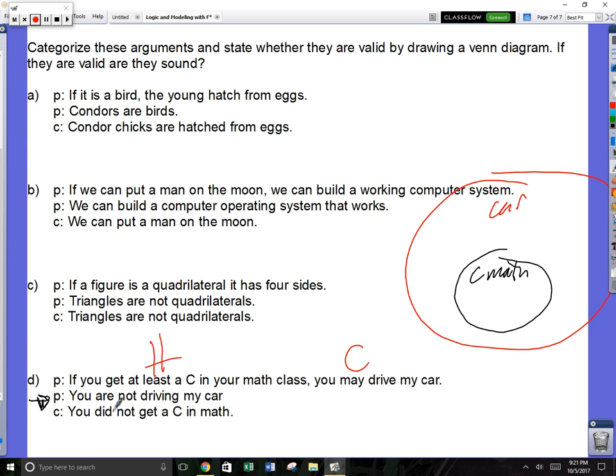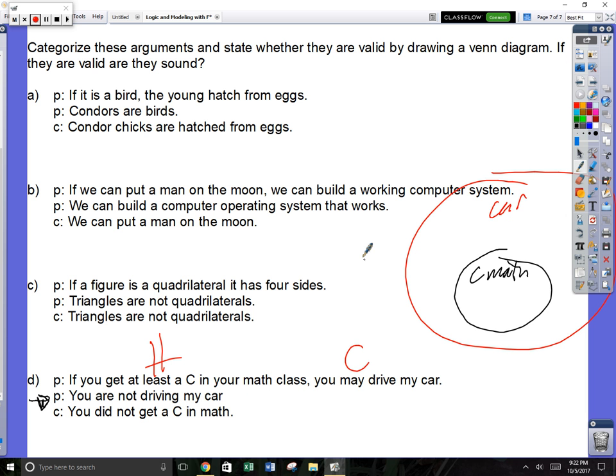You are not driving my car, so you do not live in this world. You live here. So that is valid. So what they did, they focused on driving the car, which is the conclusion, and they denied it. So they denied the conclusion, and that will always result in a valid argument.